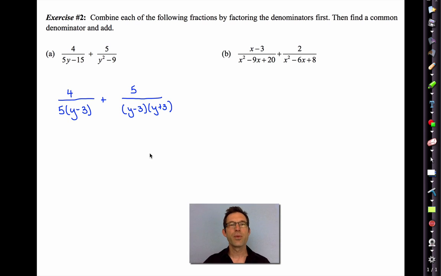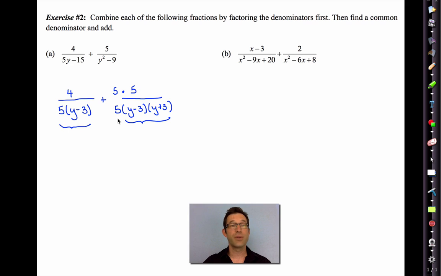All right, remember, we've got to get the denominators the same, and we can only change them by multiplying. So the beautiful thing is, when we look at this denominator, 5 and y minus 3, and then look at this denominator, y minus 3, y plus 3, we already see a common factor, those y minus 3's. In fact, the only factor that this denominator is missing, the second one that is, that the first one has, is that 5. So I'm going to give it a 5, but I also have to give the numerator a 5.